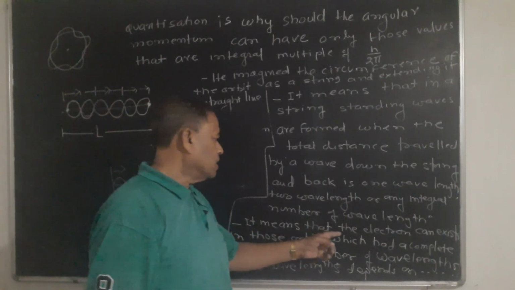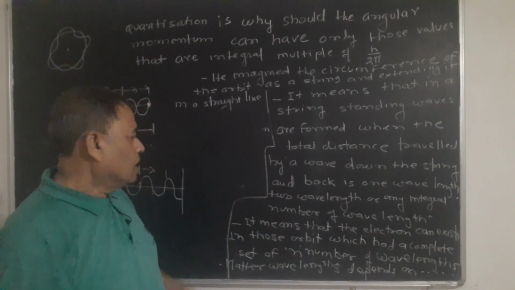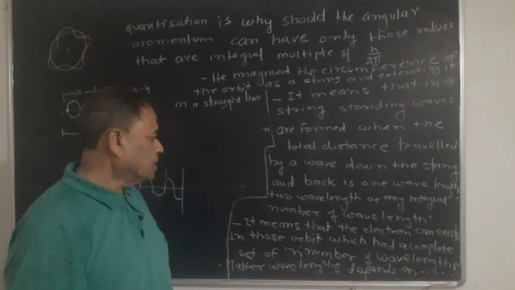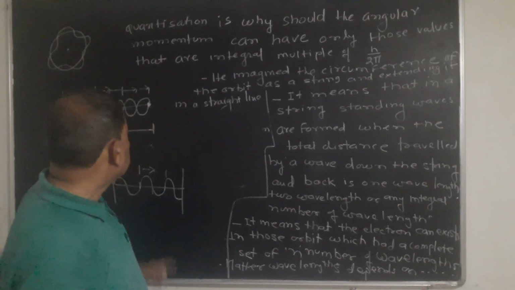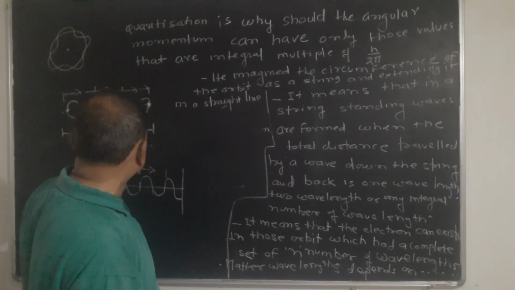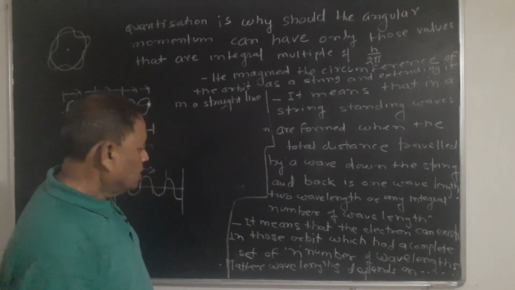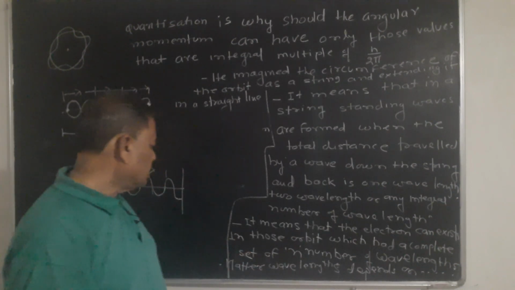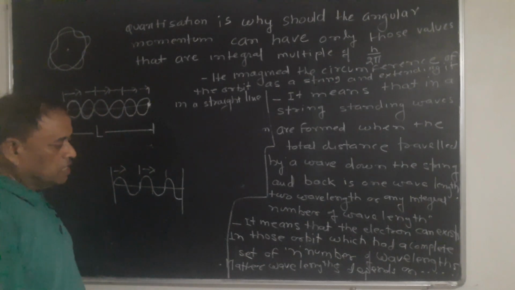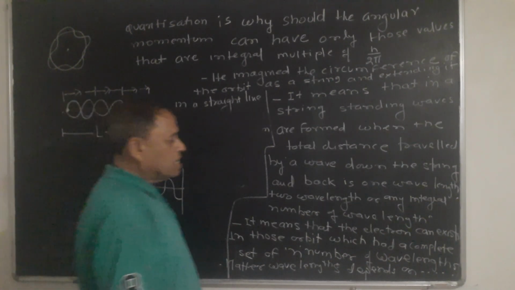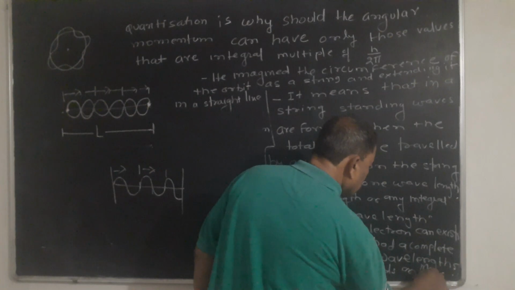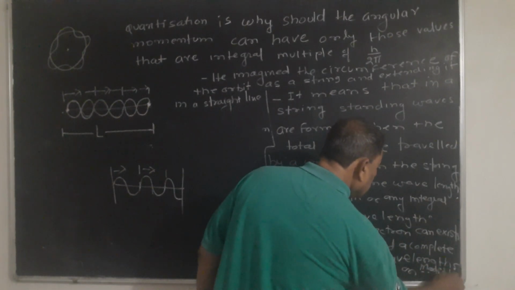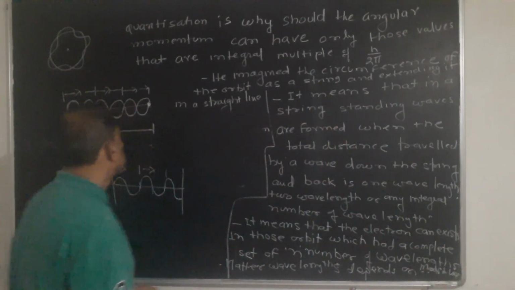It means the electron can exist in those orbits which have a complete set of n wavelengths, 1, 2, 3, not some fraction. This matter wavelength depends on mass and velocity.